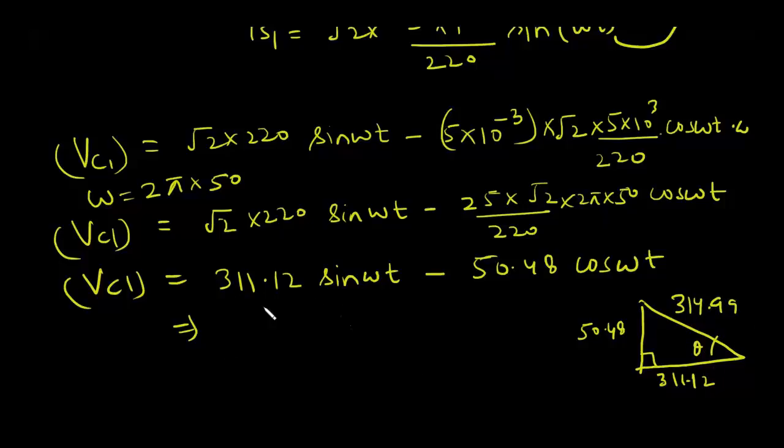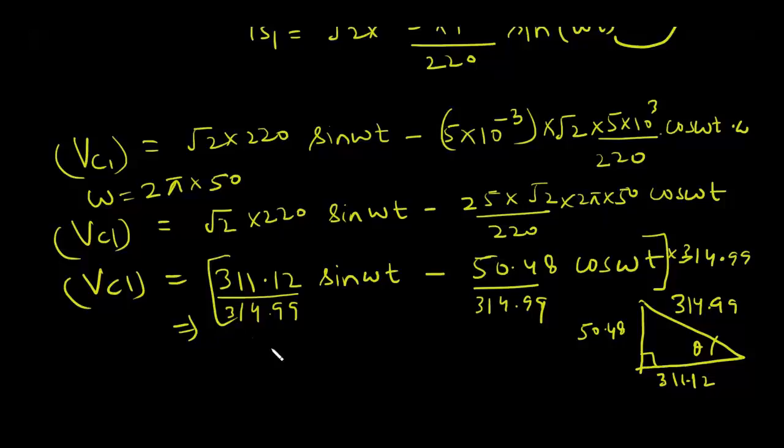If you multiply and divide by the hypotenuse, you can write this as cos theta sine omega t minus sine theta cos omega t, into 314.99.